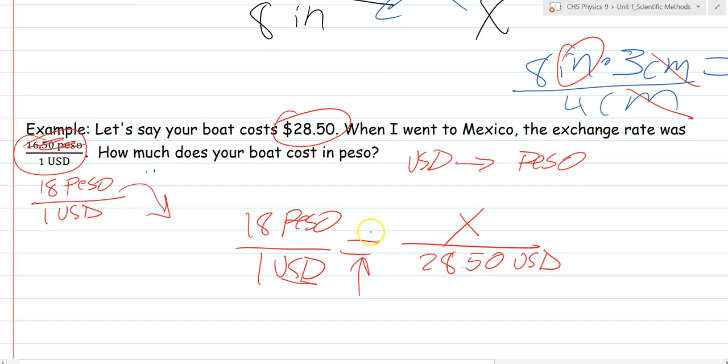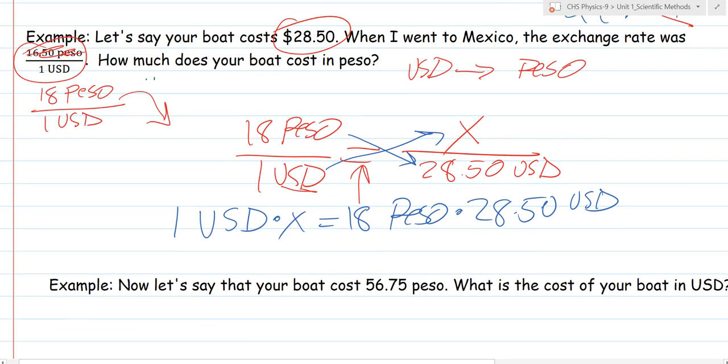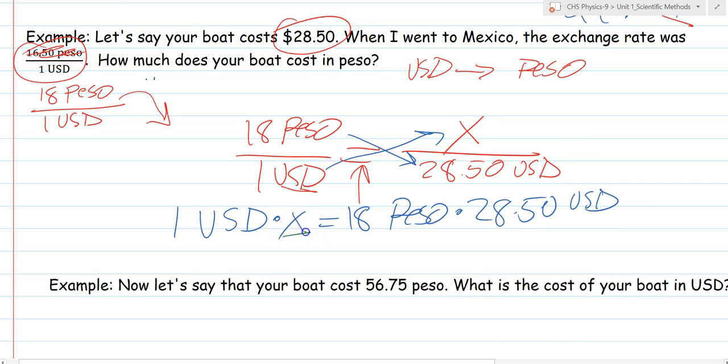Just like before, I'm going to multiply the things that are across from each other. So I've got my 1 US dollar times X equals 18 pesos times 28.50 US dollars. Then I'm trying to find X, so I'm going to divide both sides by what is with X, my 1 US dollar.